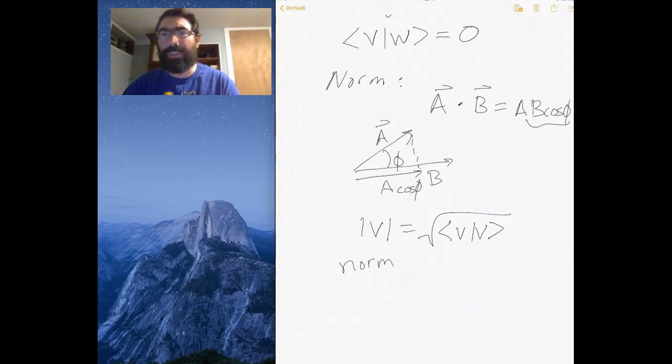You have to take the square root because when you take the dot product of a vector with itself, in this case, you're finding the magnitude of a squared. You're finding the square of the length of that vector. The same thing is true with linear vector spaces. We take the inner product of v and v, which gives us the length of the vector squared, and then we take the square root of it in order to get the norm.